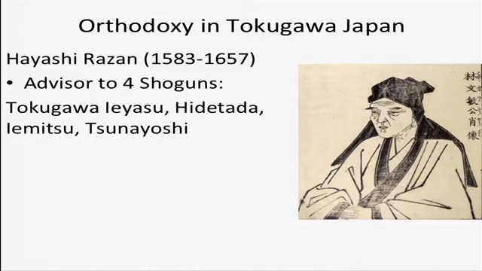At the very top, the shogunate has embraced this ideology from the very beginning. Right, the first 3 shoguns employ a scholar named Hayashi Razan, who is a Confucian scholar, a Neo-Confucian scholar.